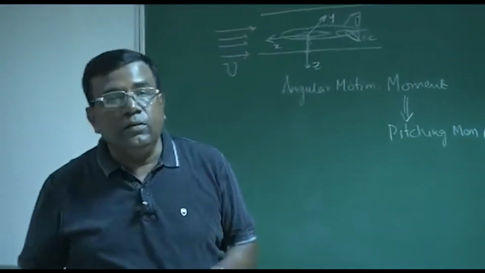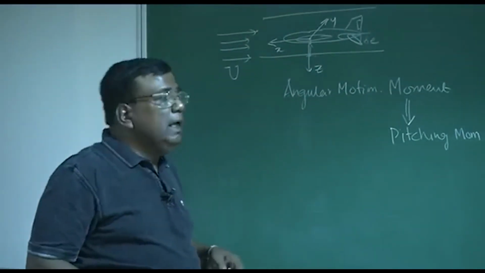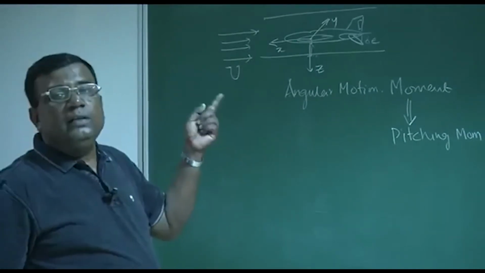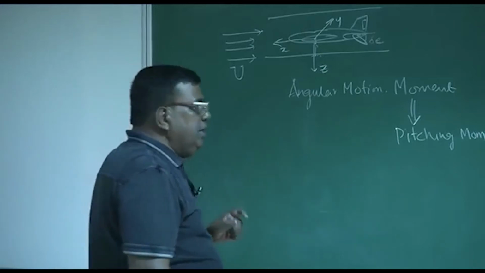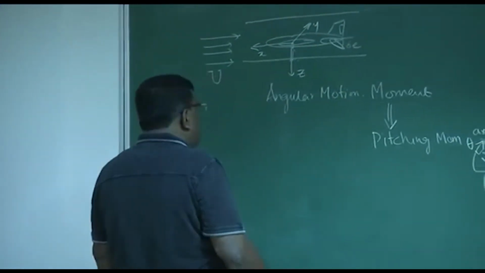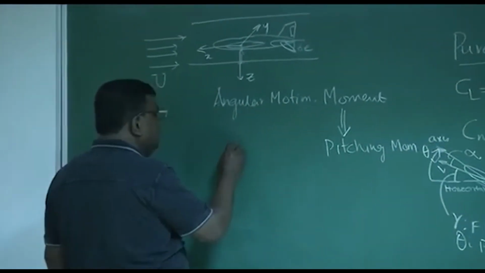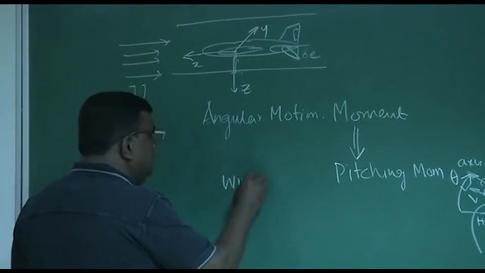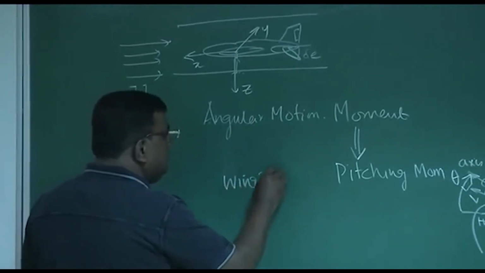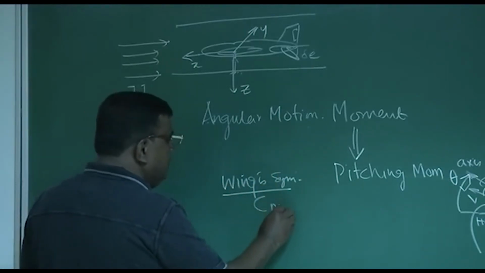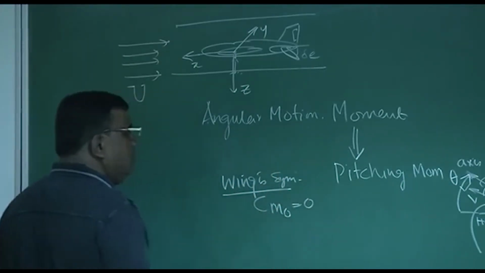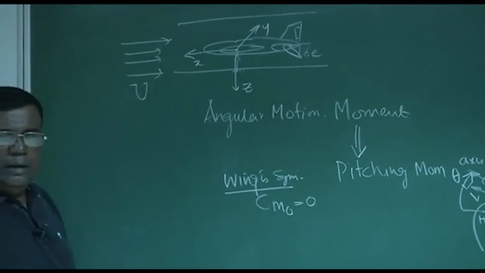So we are giving small disturbance, and that was the basis of the small disturbance theory we developed earlier, so we are not violating that. Also we are assuming that the wing is symmetric. And for simplicity, we take Cm not equal to 0, just for algebraic simplicity.